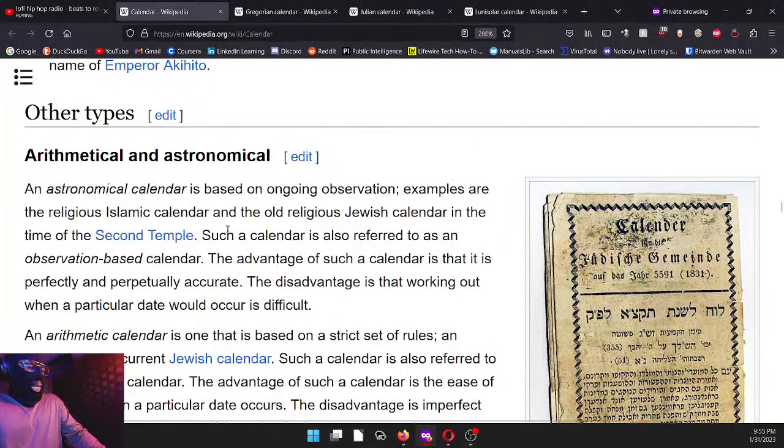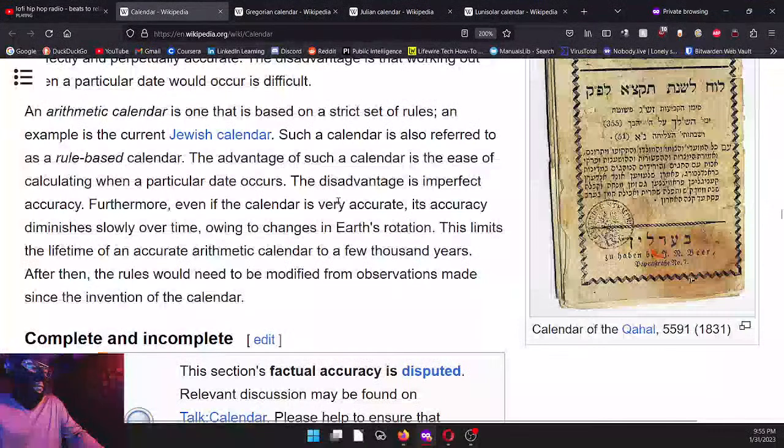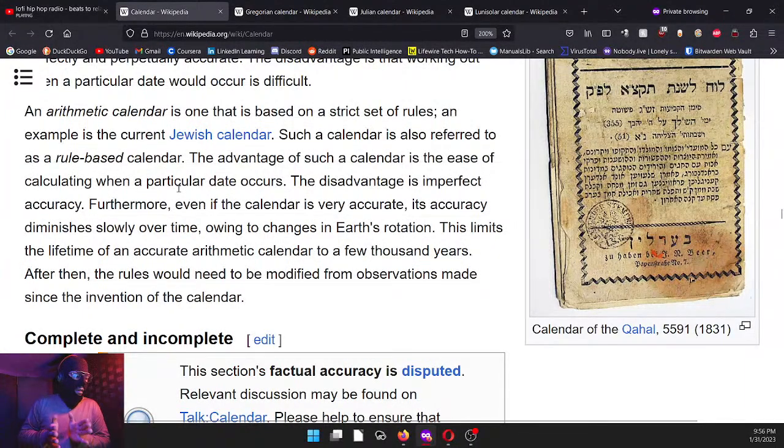Okay. And the Jewish calendar compared to the Islamic calendar. The advantage of such a calendar is that it is perfectly accurate. The disadvantage is that working out when a particular date would occur is difficult. The advantage of such a calendar is the ease of calculating when a particular date occurs.